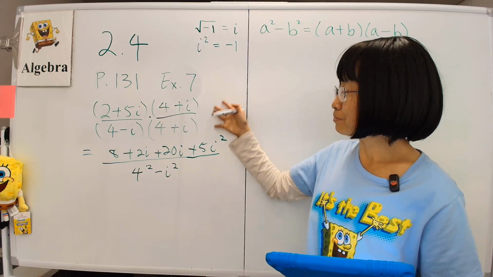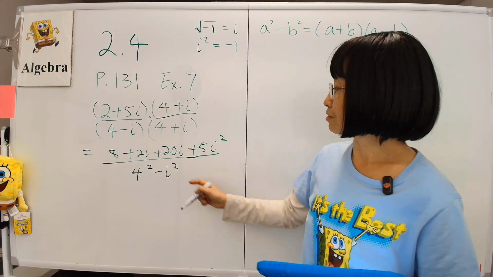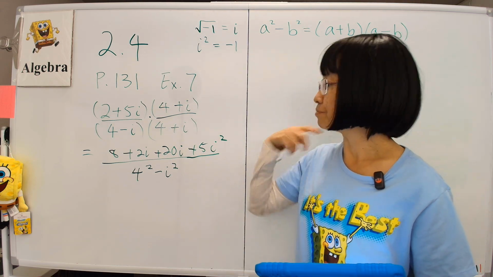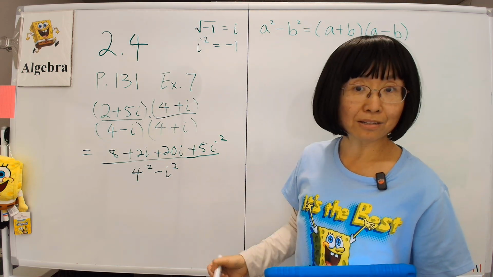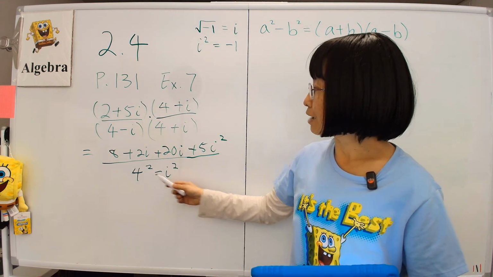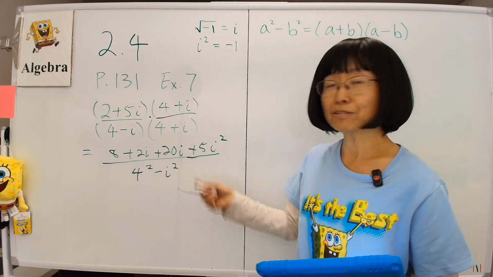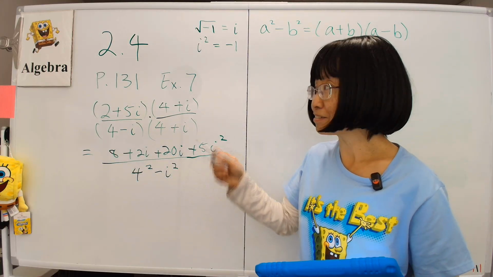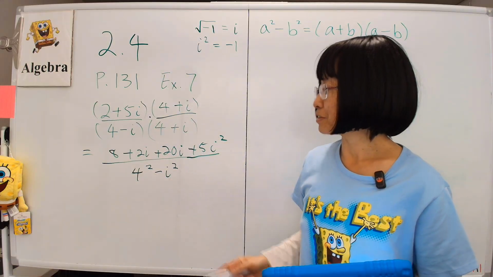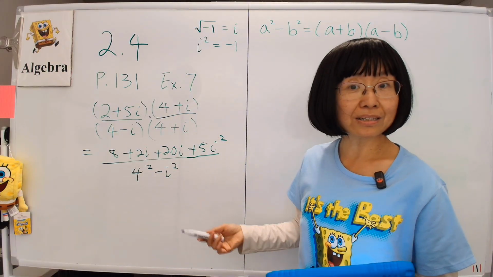So by pulling this conjugate trick, we got rid of the i in the denominator. We'll still end up with some fractions probably, but that's okay. We just don't want i in the denominator. We want i in the numerator. Only that way can we plot it on a complex graph.